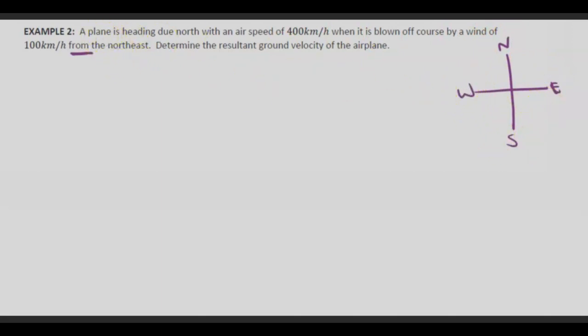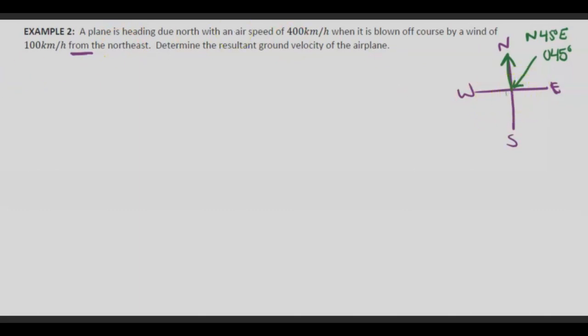Our plane is going north, so our plane is going this way, and we're having a wind from the northeast. When we talk about northeast, we're specifically talking about 45 degrees. So it would be north 45 degrees east, or it would have a true bearing of just 045 degrees.